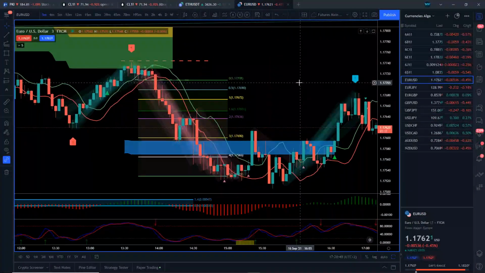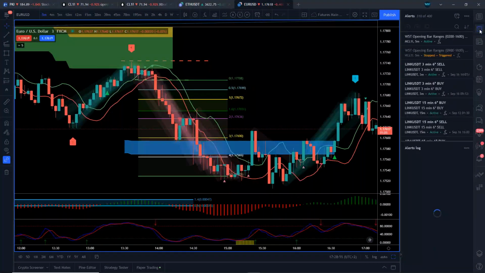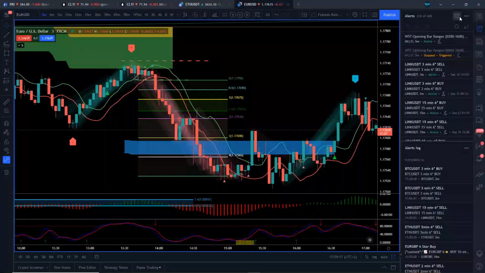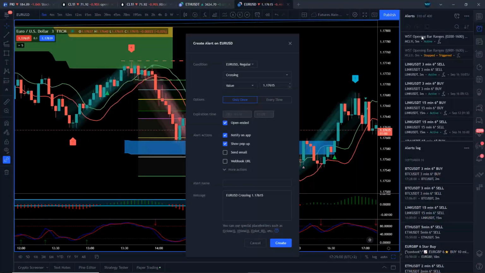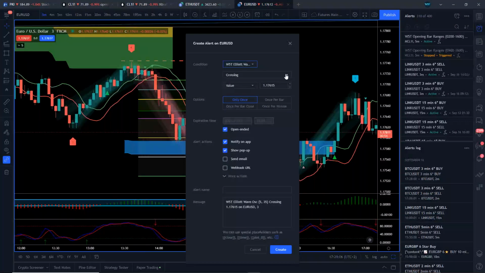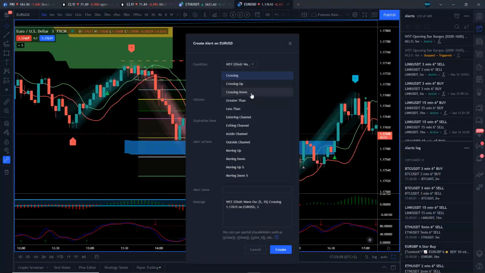TradingView. On TradingView, you would set up alerts on the right-hand side here, for example. So you go to alerts, and you would add an alert. And then what we're looking for here is the Elliottwave. So you click on Elliottwave, and you are looking at, bear with me a second.